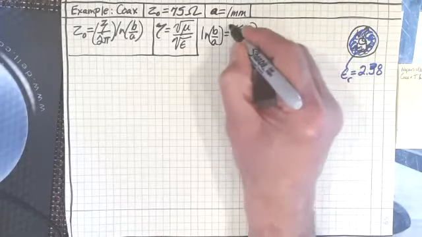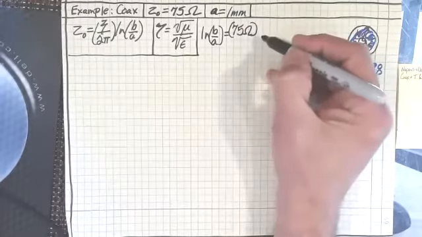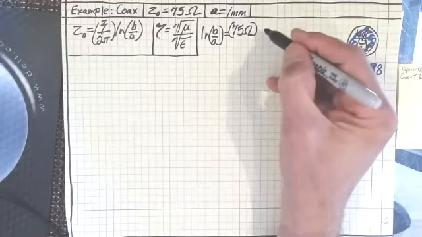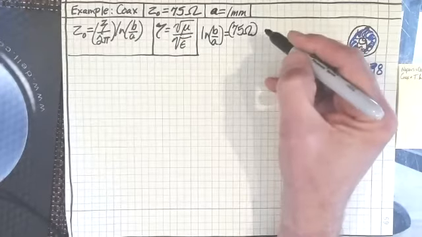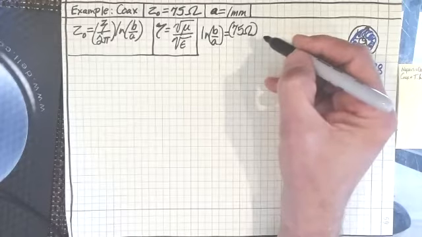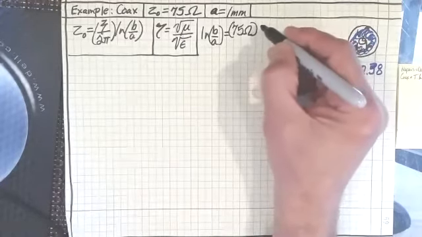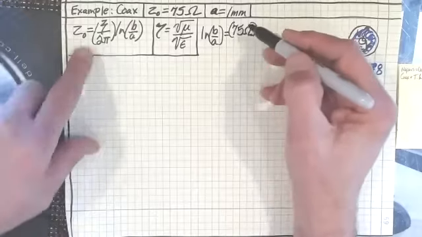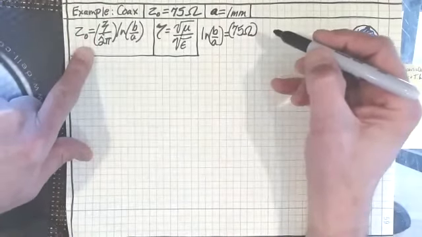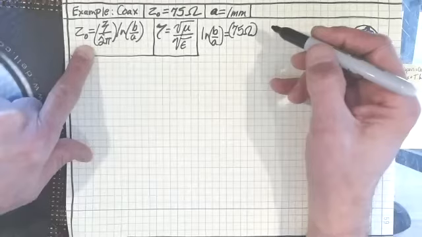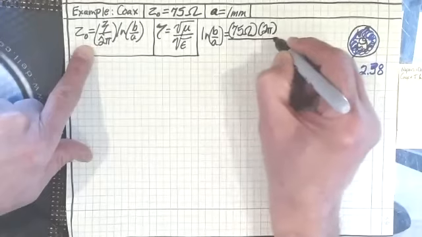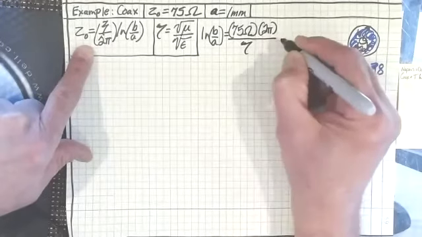Where'd I get that? That is the characteristic impedance, right? And then I've got times 2 pi divided by eta.